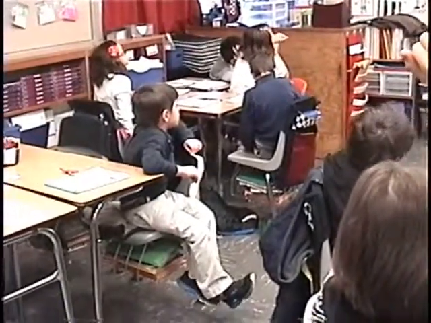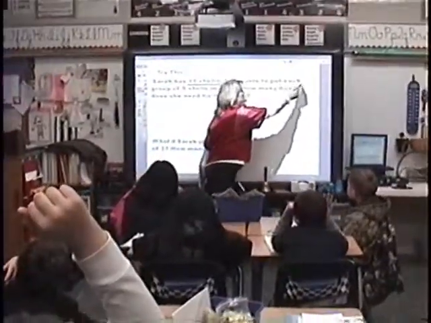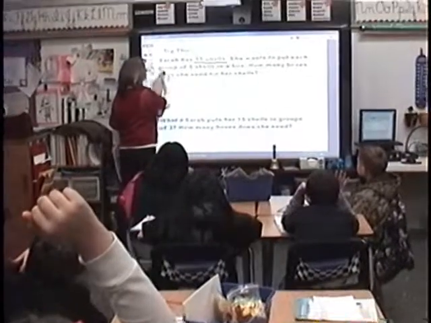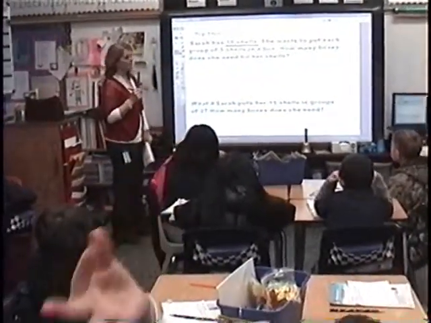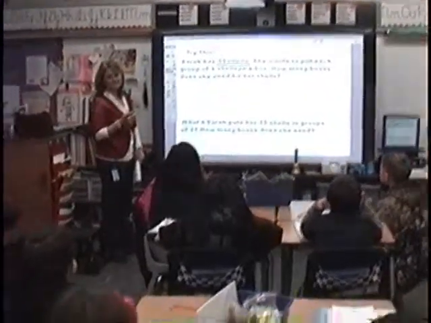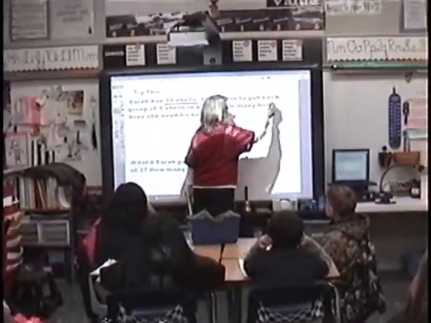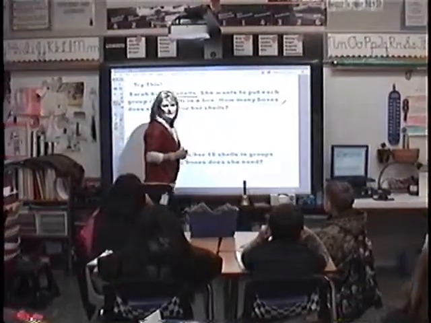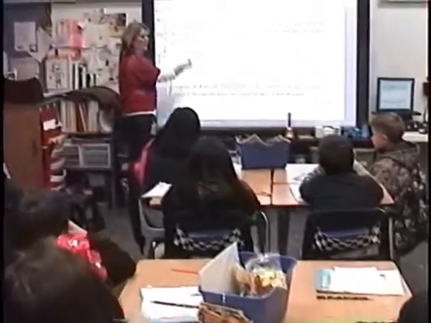Underline 5 shells, okay. Each group of 5 shells. Circle how many boxes. We're going to label this because that's our what? Label. That's our label.